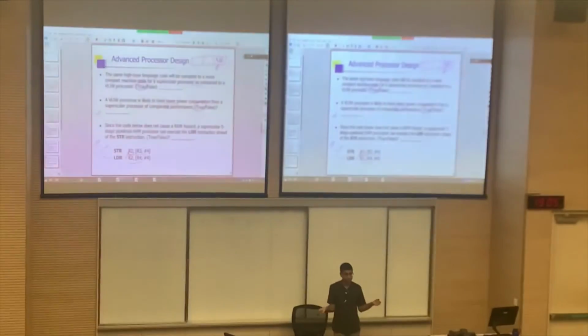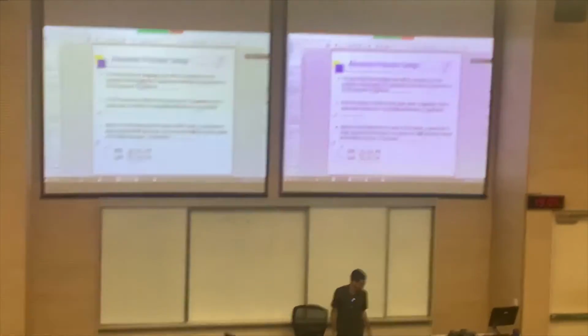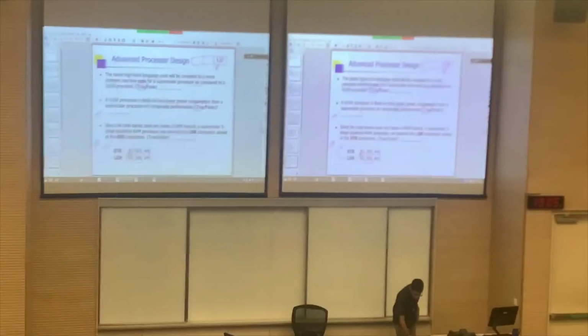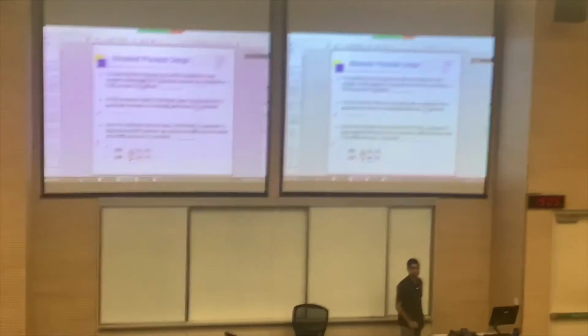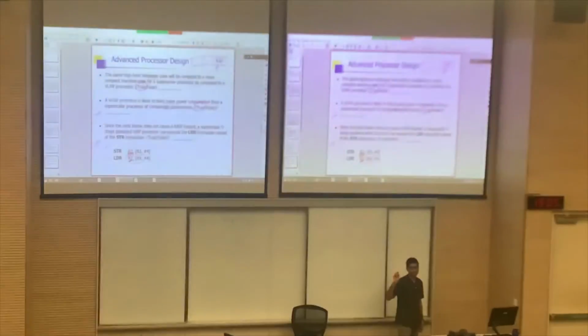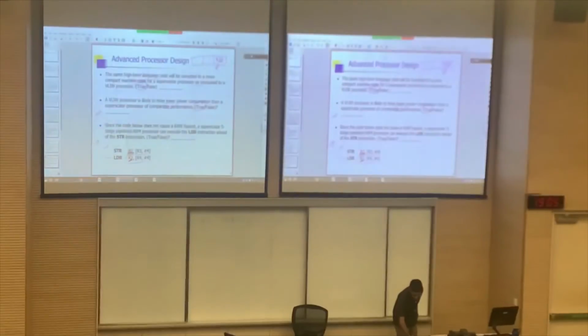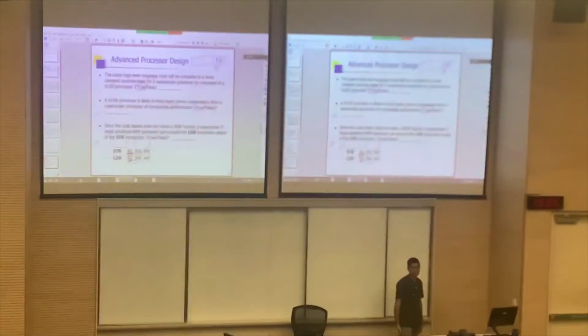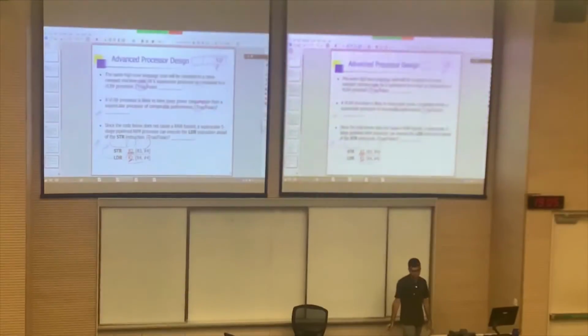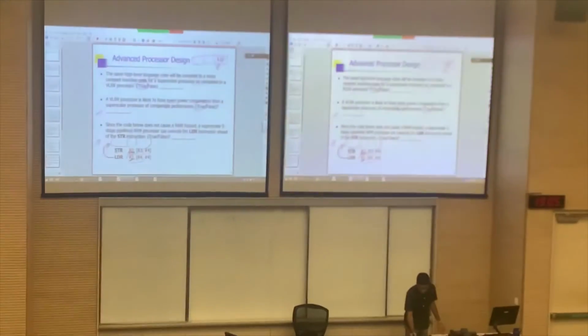Because according to the program order or logic, this R2 is not the value of R2 written by LDR. This is some R2 that was written by some earlier instruction, not by LDR. So if you push LDR ahead, you will end up forcing the store instruction to use a wrong value of R2.